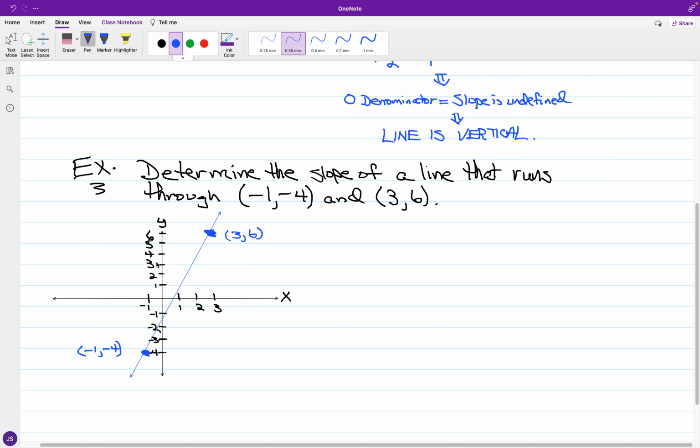Okay, and again, I'm not drawing this perfectly to scale. But with what we have in the setup, you've got (-1, -4) and (3, 6).